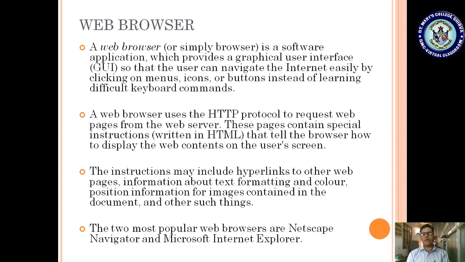These pages contain special instructions written in HTML that tell the browser how to display the web content on the user screen. Whatever web page we are accessing consists of certain instructions, and these web pages are built by using HTML. Already we are familiar, from your unit 2, with how to develop a web page by using HTML tags, right?